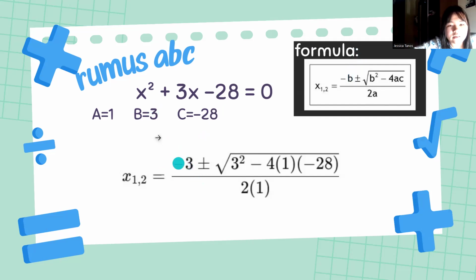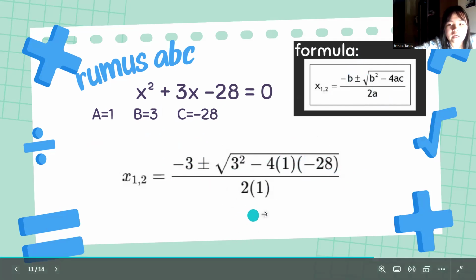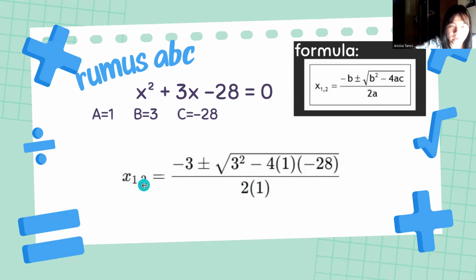So minus 3, plus minus the square root of 3 squared minus 4 times a, which is 1, times c, which is negative 28, over 2 times a, which is 2 times 1, because a equals 1. Substitute it like using it as a formula, basically, because it is actually a formula.